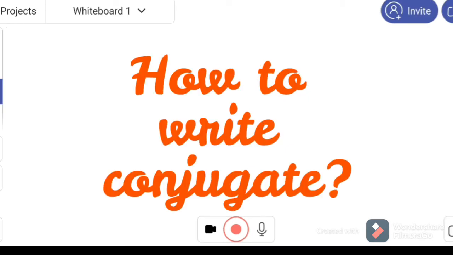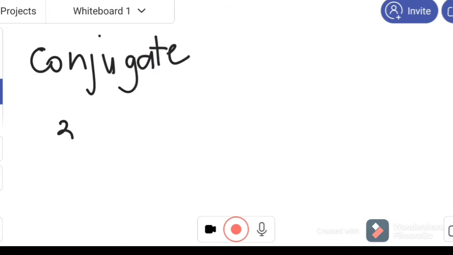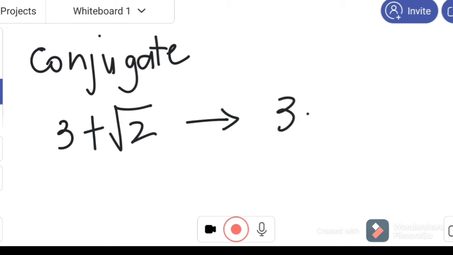Conjugate is to get a factor which is opposite its sign but the same first and second given term. Let's have an example of conjugate. We have 3 plus the square root of 2. Its conjugate is 3 minus the square root of 2.